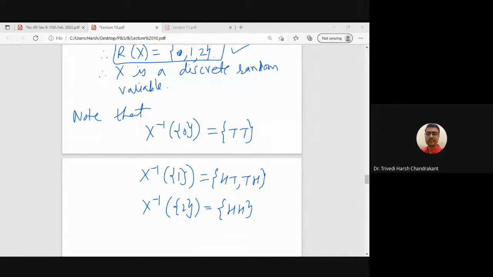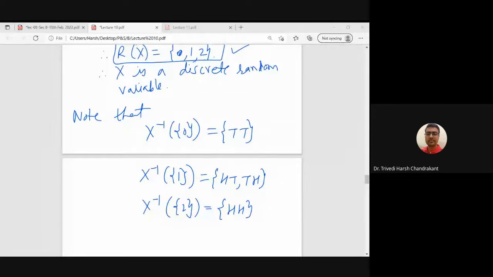So X may not be invertible, but X inverse 0 means all the W's such that X of W is 0. So W are TT only.